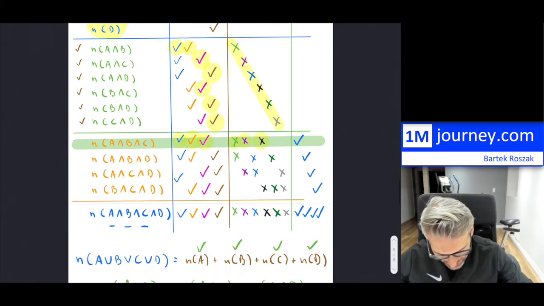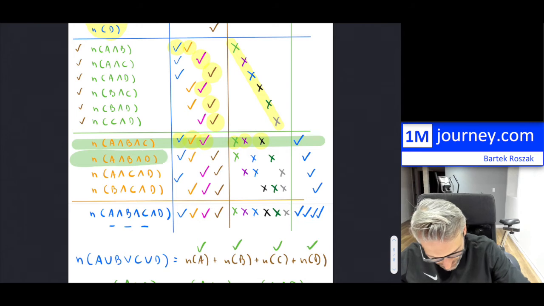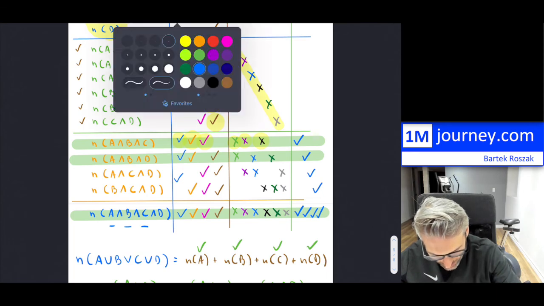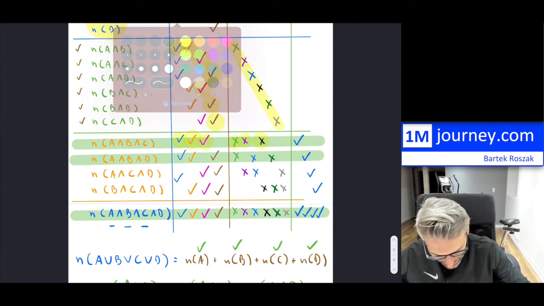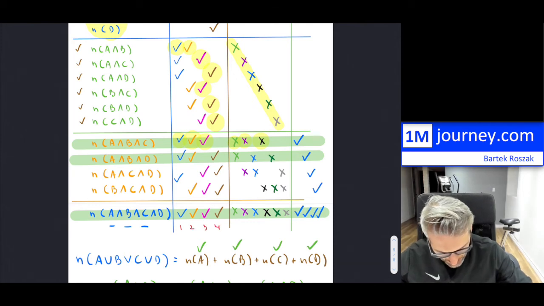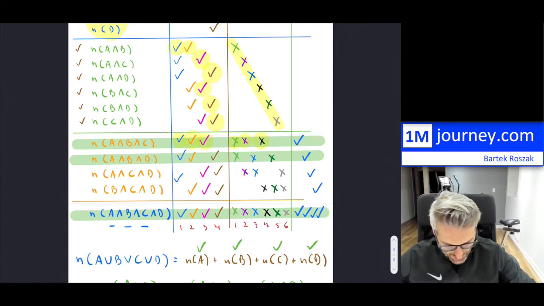But let's see what happens at the end. So all of this is true for all of these. But now in here, let's see what happens. Okay, I'm going to go with red here. So I had 1, 2, 3, 4. I counted them 4 times. Then I subtracted them 1, 2, 3, 4, 5, 6 times.